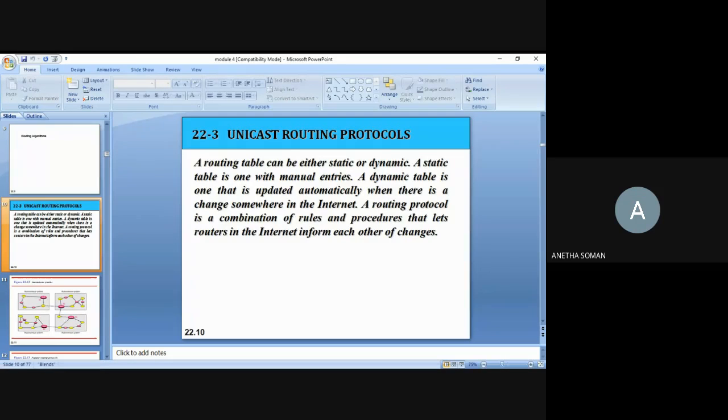Routing information protocol treats all the networks as equal, so the cost of passing through a network will be the same. It is fixed that in routing information protocol, the hop count is 1.